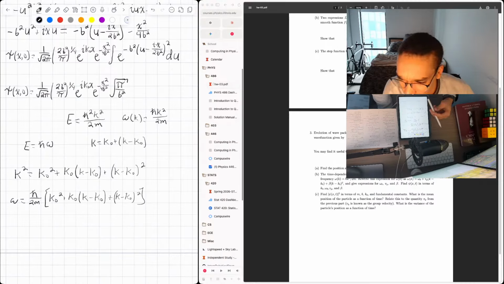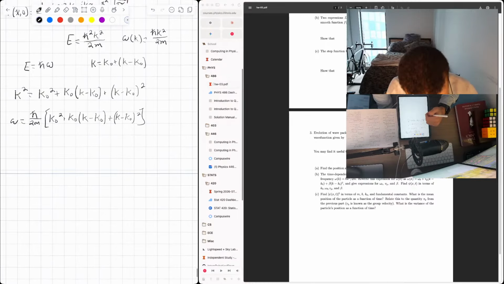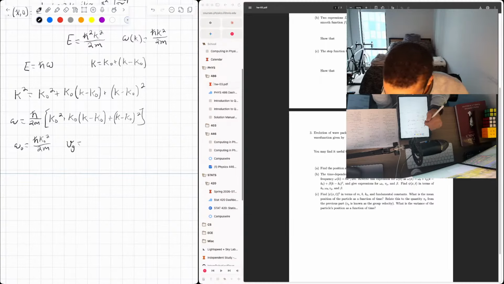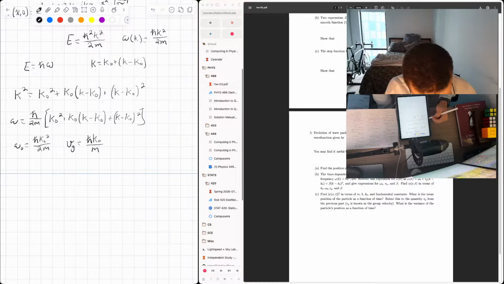It says omega naught plus VG k minus k naught. So omega naught equals h bar k naught squared by 2m. VG equals h k naught over m. Oh, wait, where'd the 2 go?